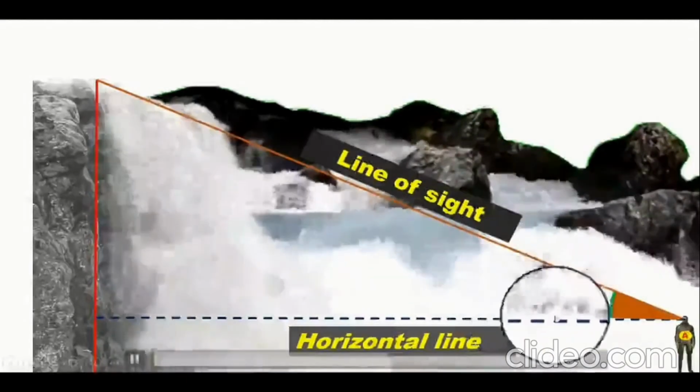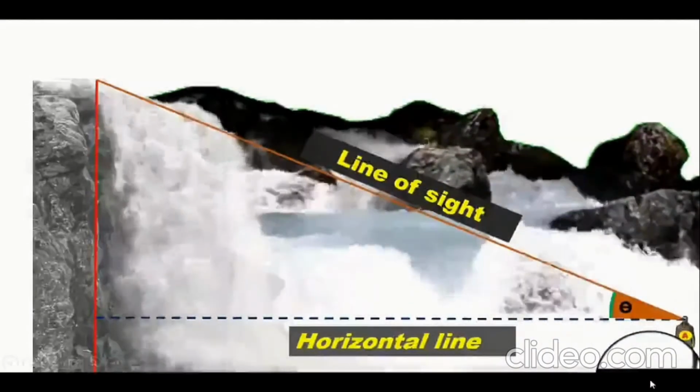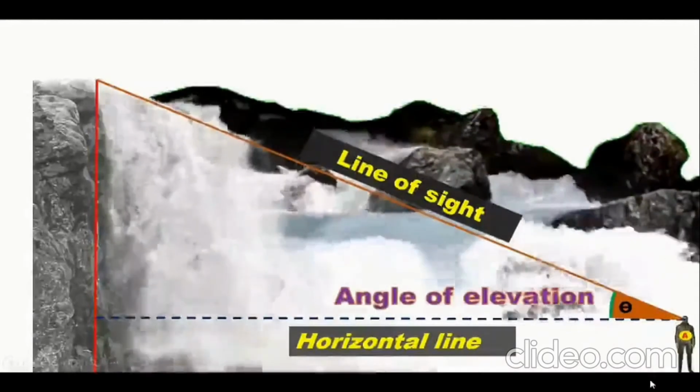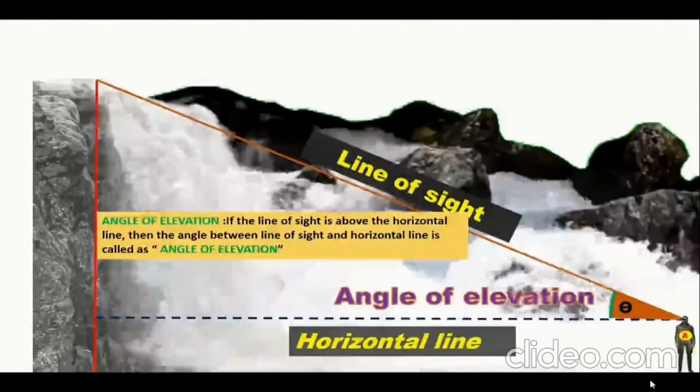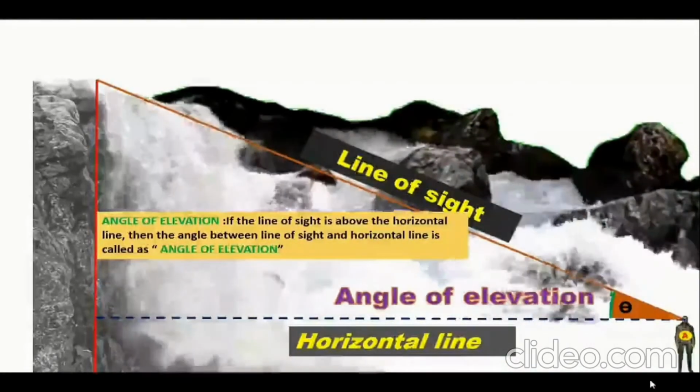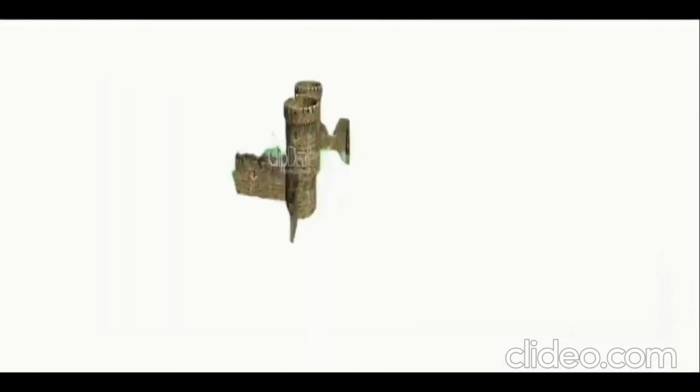This is the angle of elevation, denoted by theta. So what is an angle of elevation? If the line of sight is above the horizontal line, then the angle between the line of sight and the horizontal line is called the angle of elevation.